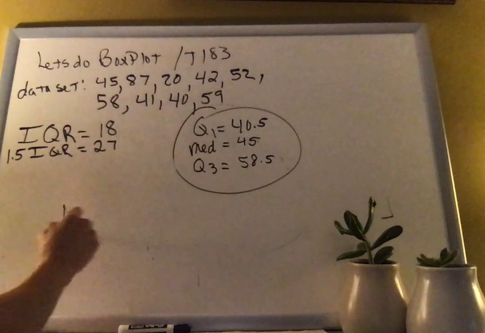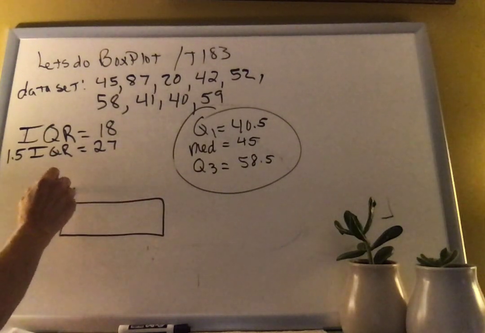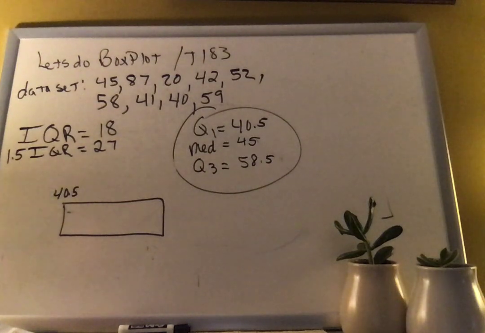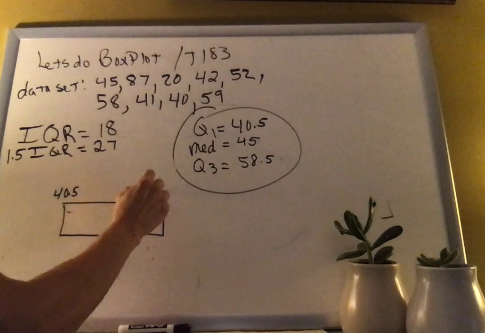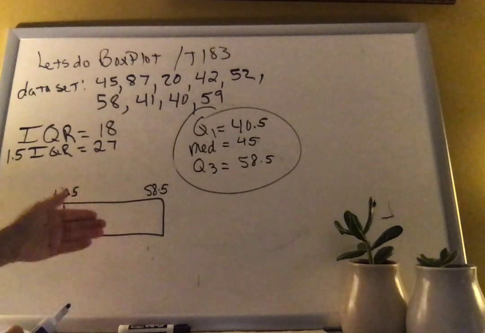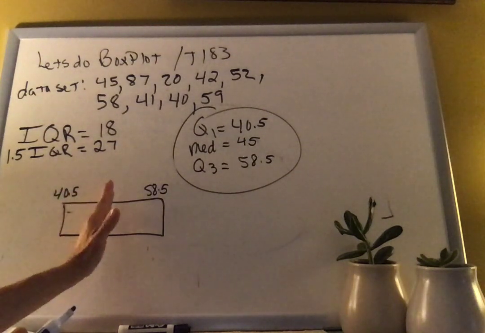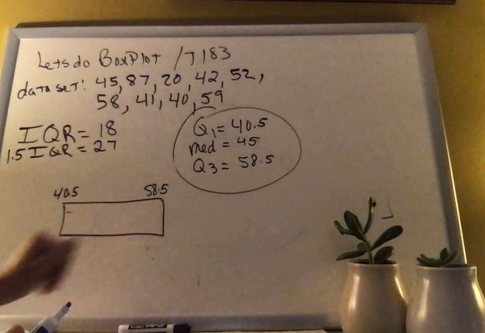So here comes my box. This is Q1. I'm not labeling it Q1, I'm labeling it 40.5. This is Q3. I'm going to put the median wherever the median is. And remember I said, we're not doing it to scale. All I need to know is, is it dead center? Is it a little bit to the left or a little bit to the right?